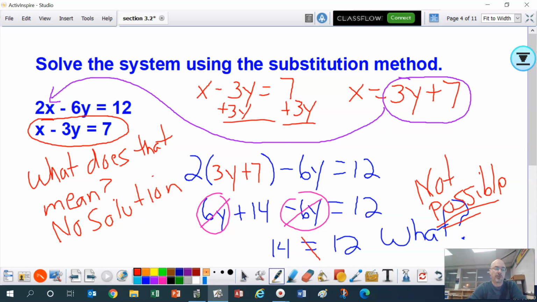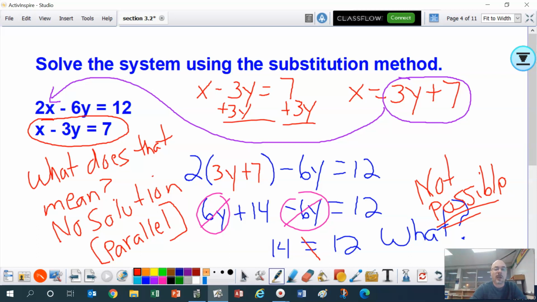There's no solution. That means they are parallel lines. They don't cross each other. If you end up with two numbers that equal each other, but they're truly not equal, no solution.